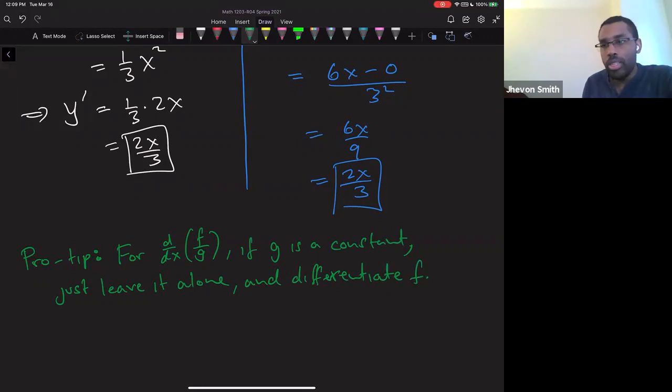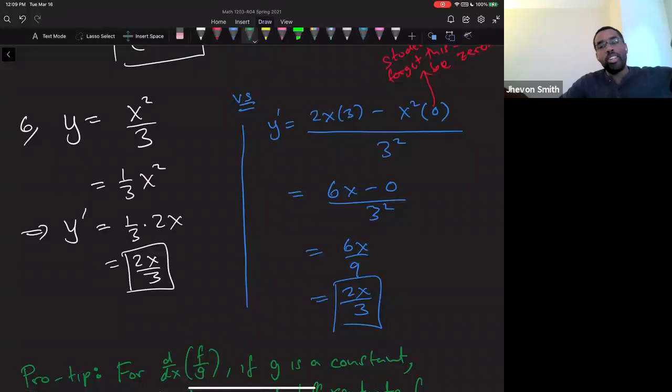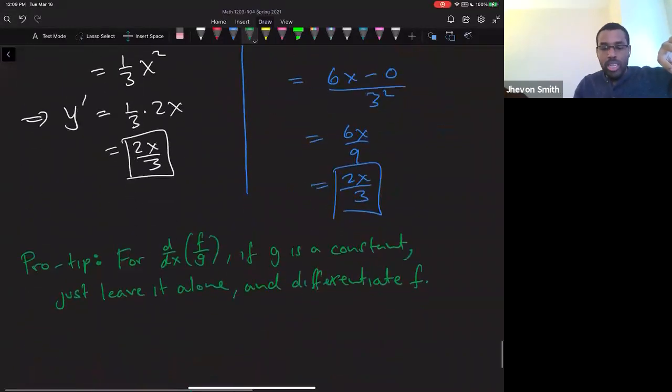That's it. And the reason why that works is the same reason why it works here, because I could factor that g off to the side, and it's a constant, so it's just going to stay. So I'm just going to leave it alone, because that's what the constant factor would tell me.